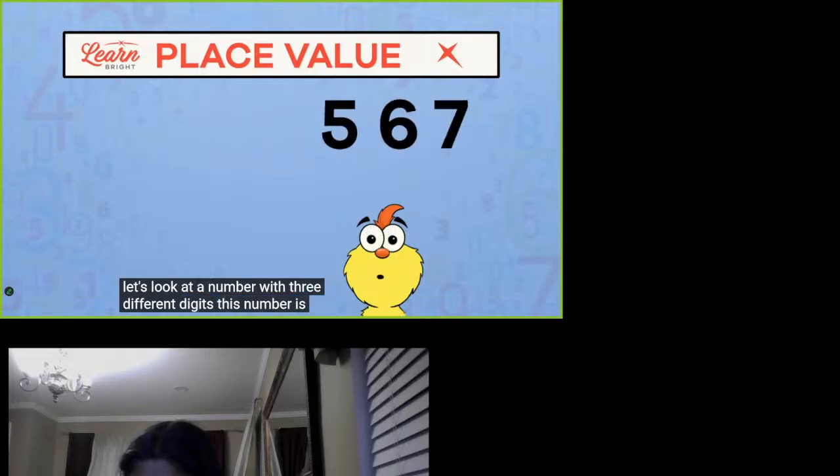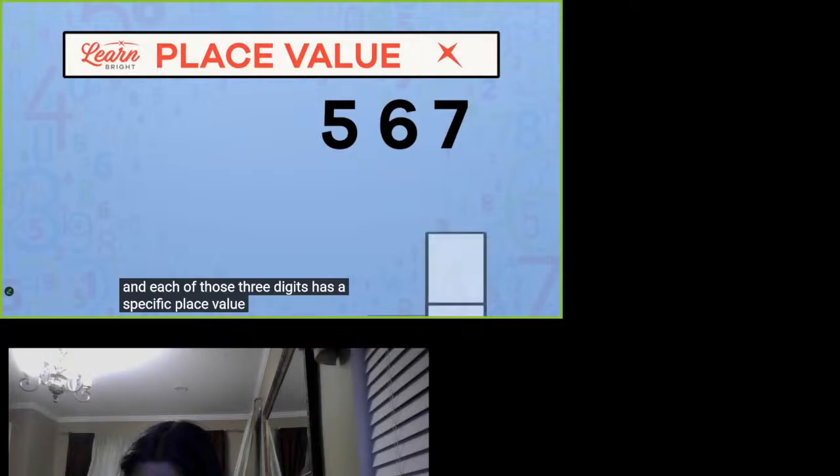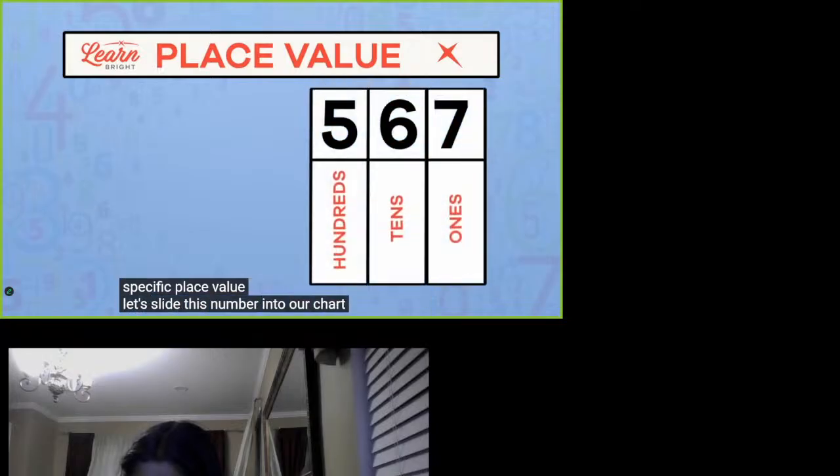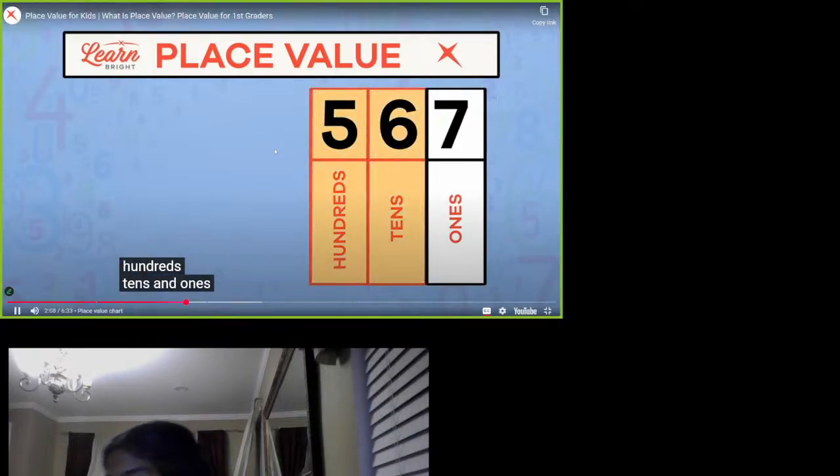This number is 567, and each of those 3 digits has a specific place value. Let's slide this number into our chart. The place value is now listed below each digit. This number has the place values in the hundreds, tens, and ones.